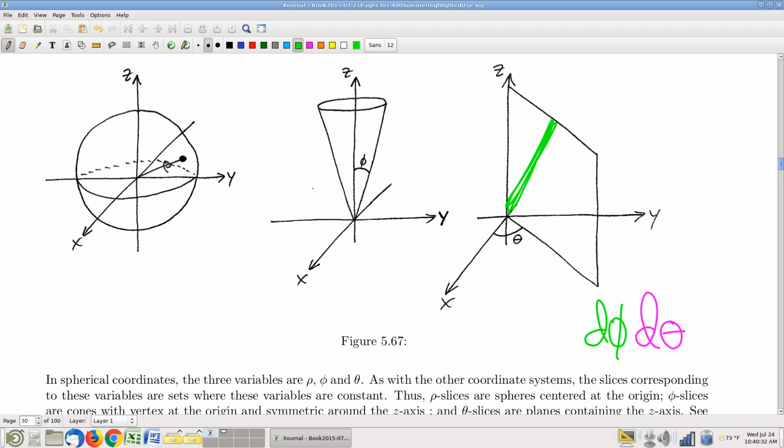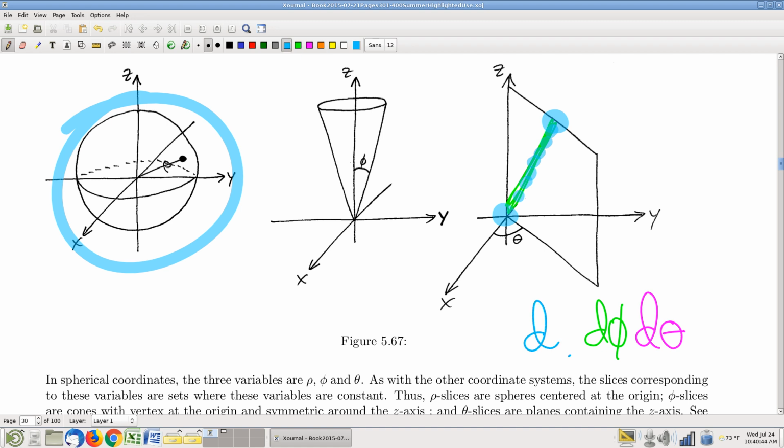And then, of course, after that, d rho, doing your rho slices last. You're just looking for starting and ending values, whatever those are. Again, don't forget your rho squared sine phi. So easy to forget that.